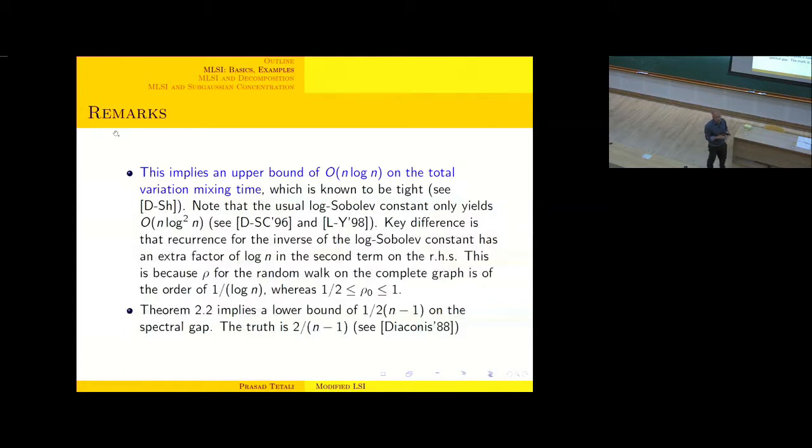Yeah, these are the standard distances, but they could very well be others. One other thing we haven't explored is that reversibility is not needed in terms of studying entropy decay. In principle, you could study entropy decay in a non-reversible chain, because relative entropy is not symmetric and so on.